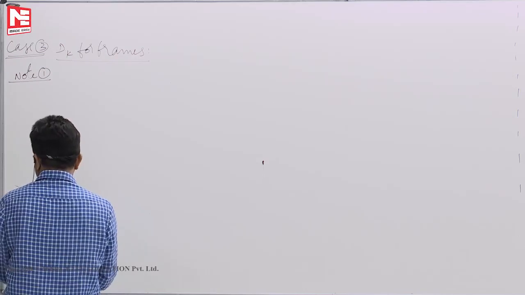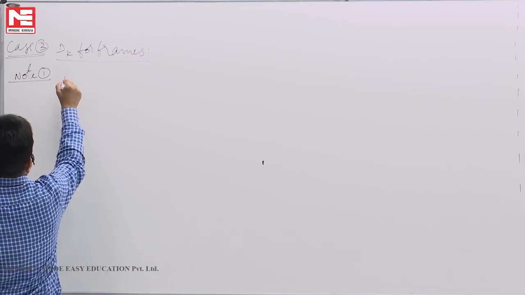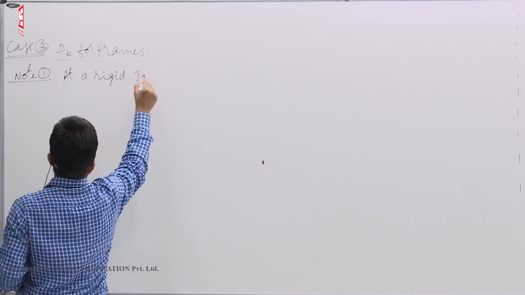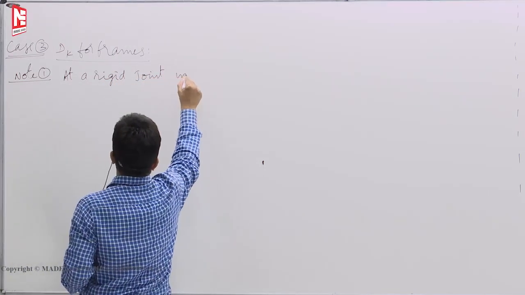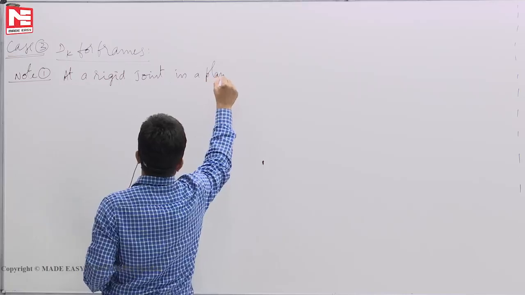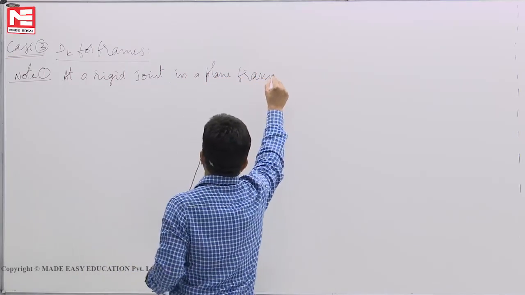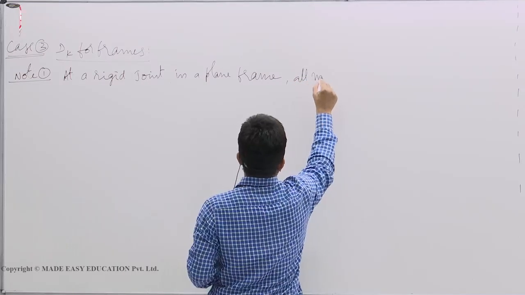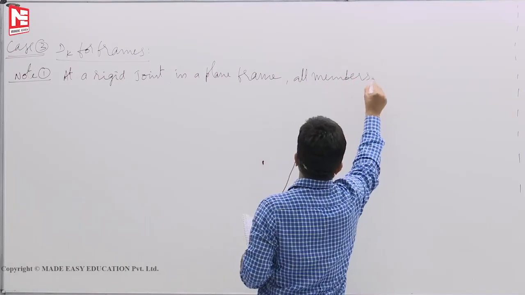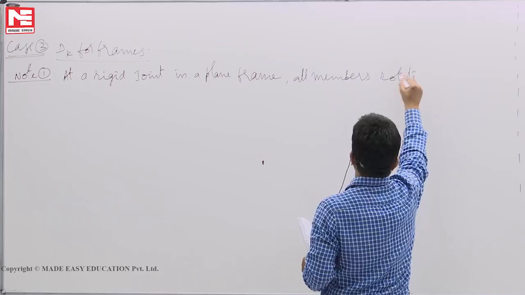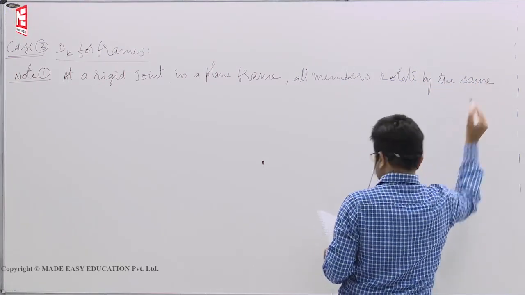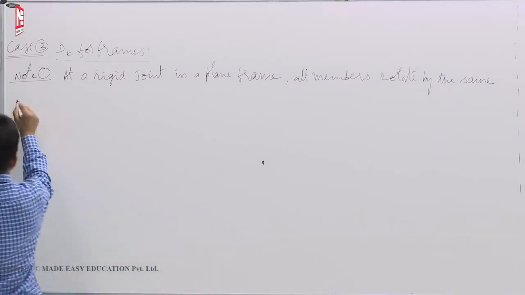At a rigid joint in a plane frame, all members rotate by the same angle.